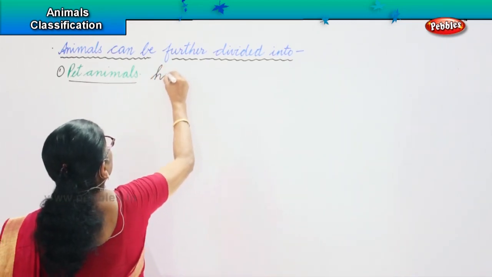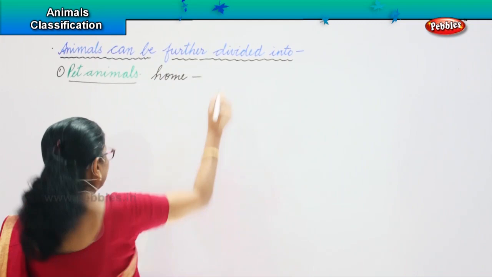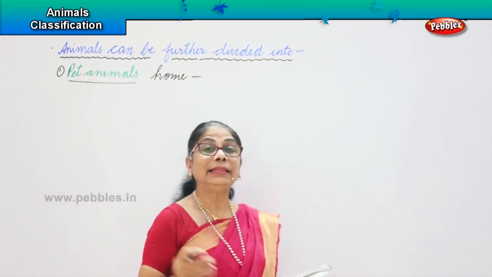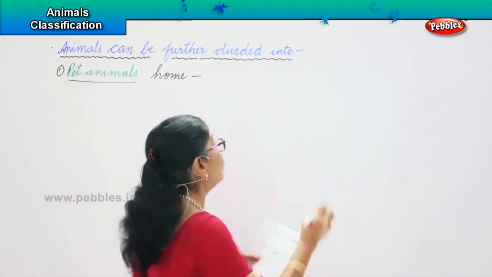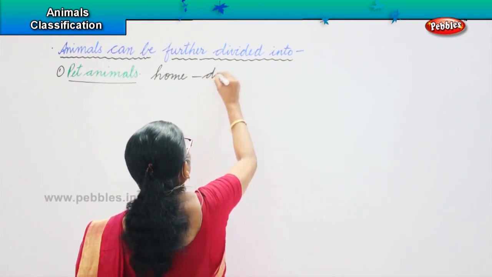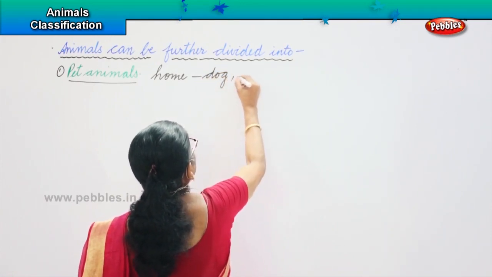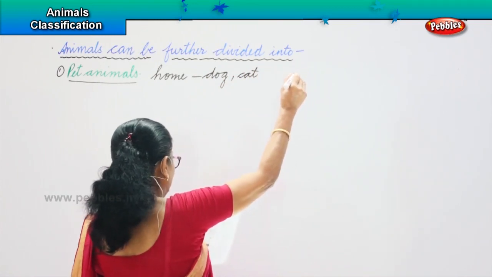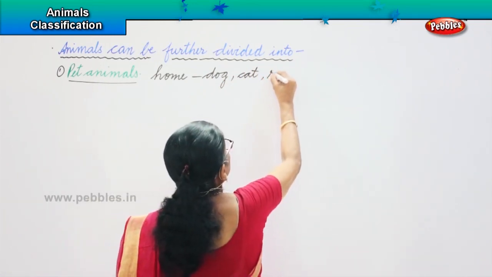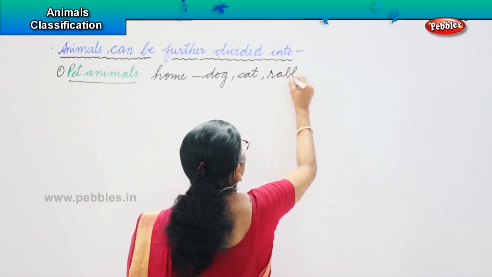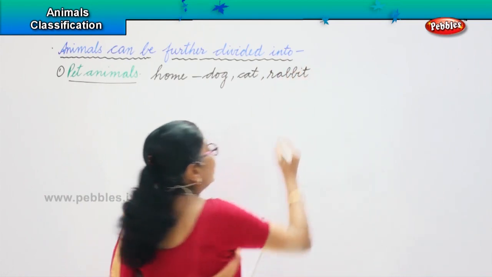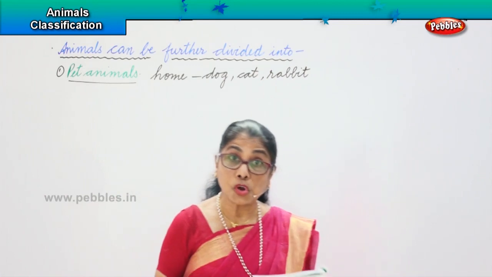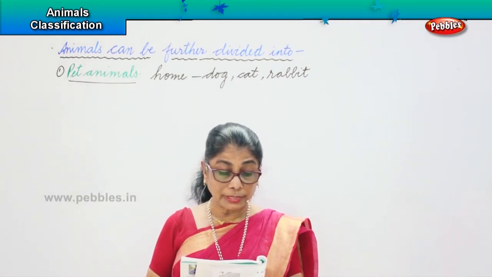They live with us. Okay, pet animals, they live with us like, who are they? Dog, cat, rabbit, and so on. The animals that we keep in our house to enjoy them and also to use them.